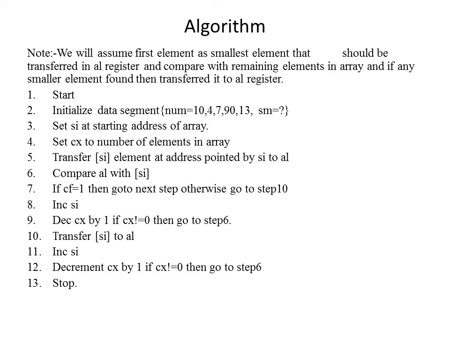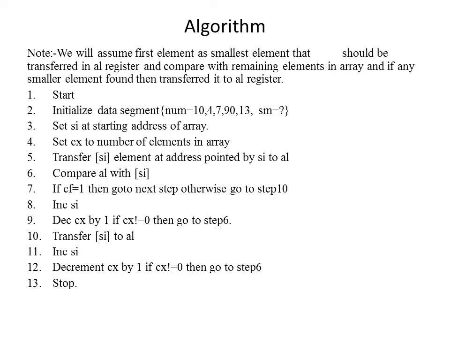Now after the comparison instruction, there are 3 particular statuses available for us. One status is that the zero flag will be set if source and destination are both the same. Another comparison is if the destination is smaller than the source. If the destination is smaller than the source, then what happens? Then the result will be negative.